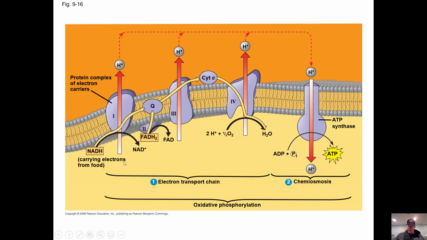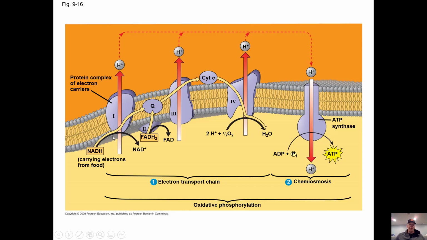So think about this. We talked about pumps previously. We usually talk about how ATP is used. Well, here's an instance where just the energy of electrons is utilized to pump hydrogen from the matrix into the intermembrane space.